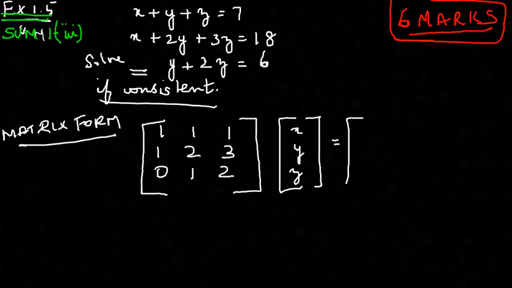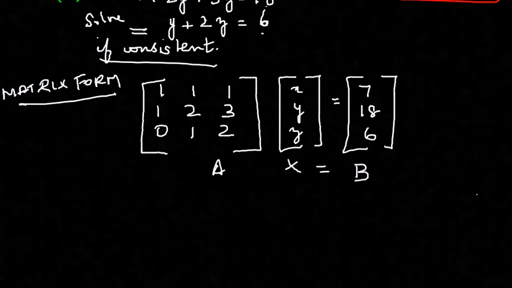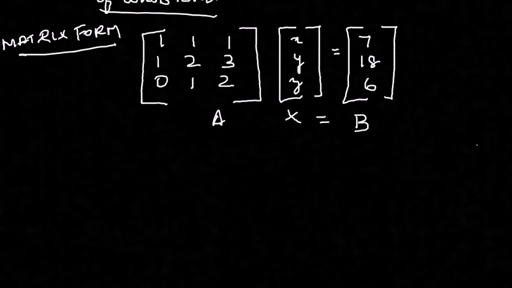And what is the resultant matrix? This one here, right? 7, 18, 6. So if you have written this, it's very good. You can mark it as AX equal to B. To solve for consistency, we are going to use the rank method, right? And in the rank method, the next step is to write the augmented matrix.